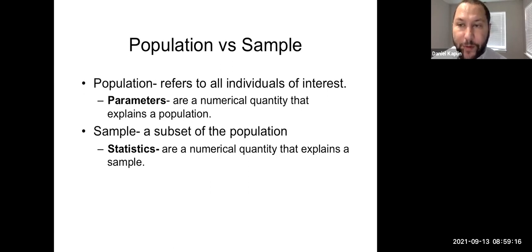What is a sample? And what are the mathematical calculations that we use when we have one or the other? So a population by definition refers to all individuals of interest. A population is the whole entity, the whole group.